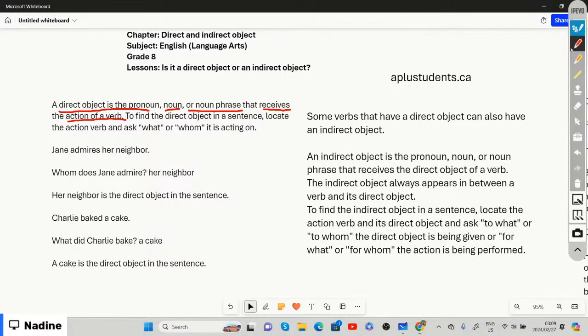So it receives the action of a verb. And to find the direct object within a sentence, we need to locate the action verb and ask questions like what or whom it is acting on.